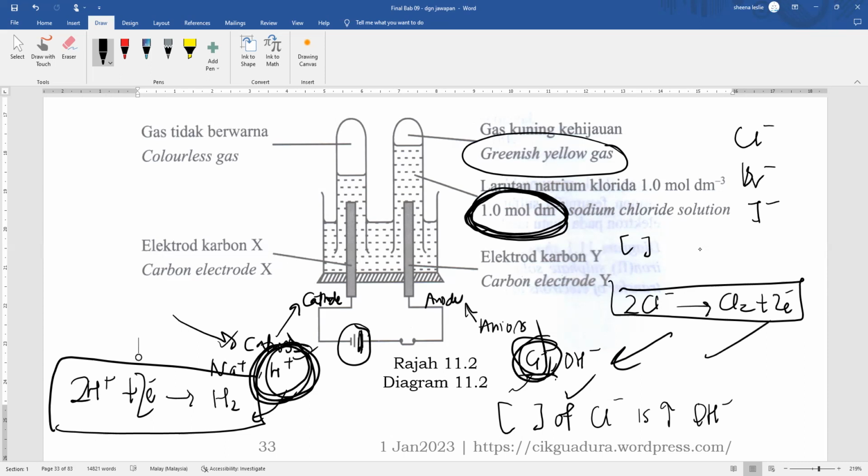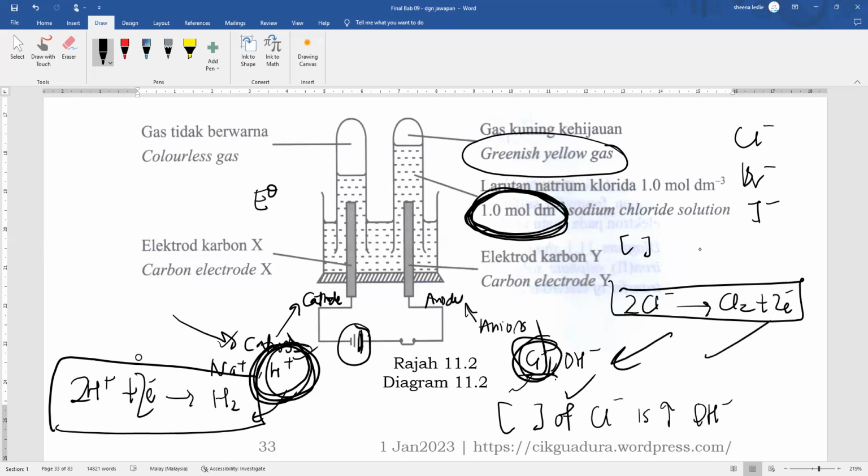The factor here is actually the E naught value. Between Na plus and H plus, teacher chooses H plus because the E naught value of H plus is more positive than Na plus. Very good, Alia. Good job. The E naught value of H plus is more positive than the E naught value of Na plus.